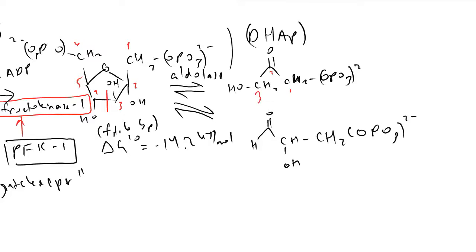And carbon 3 is this carbon here. So this is a carboxylic acid. I'm sorry, not a carboxylic acid, but a ketone. And carbon 4 is the aldehyde carbon, then 5, and carbon 6. So we see where all of our carbons are.